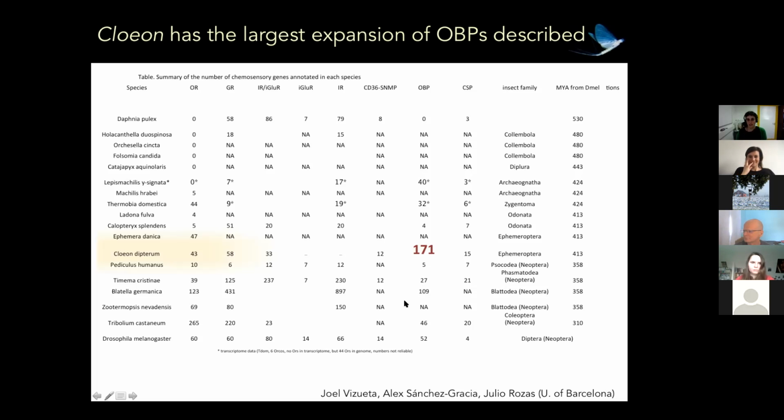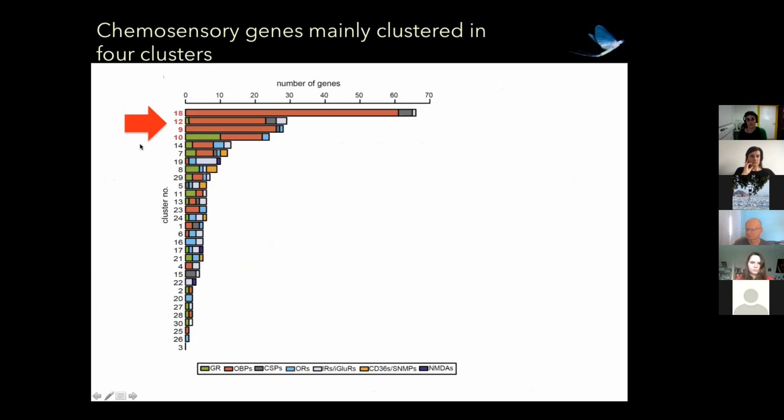So the next question we wanted to ask our genome and our transcriptome is where these genes are expressed. For that, we went back to our M-Fuzz subclustering analysis, and we looked in which clusters the chemosensory genes were located. What we found is that most of the chemosensory genes were placed in these 4 clusters.